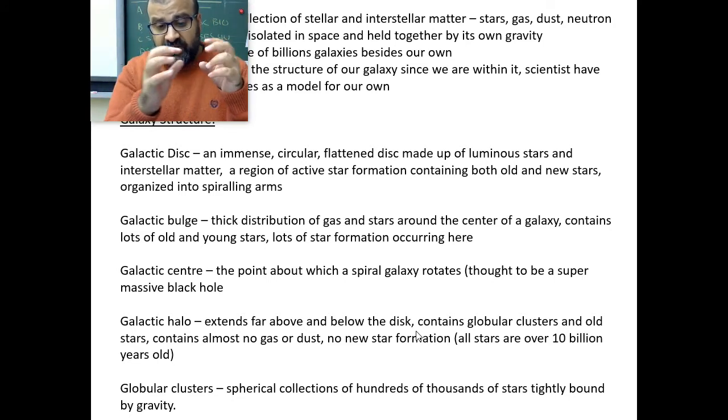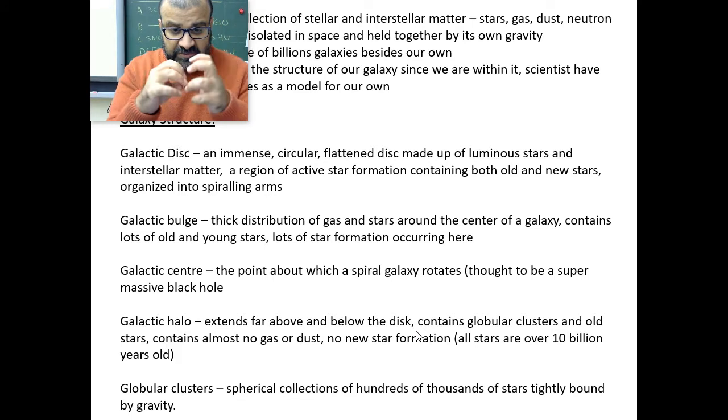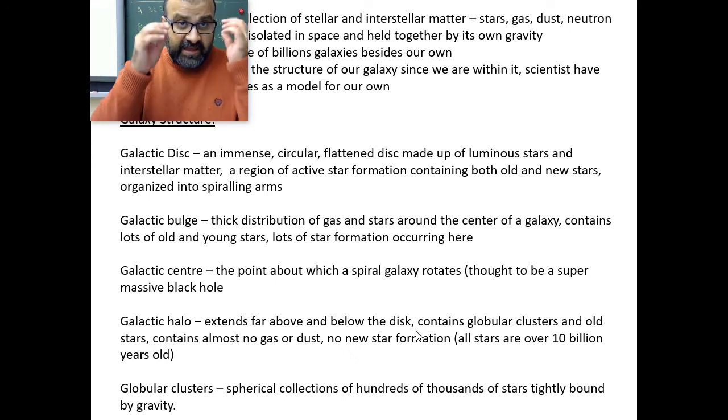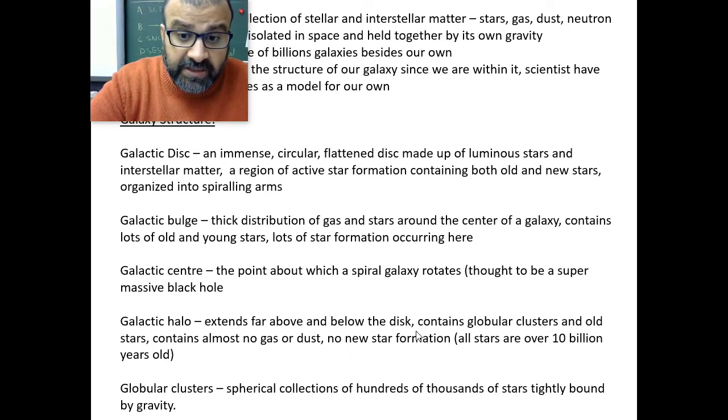And then, as they collapse, gravity squeezes the hydrogen together, and then you get nuclear fusion. The hydrogen fuses into helium, and that nuclear fusion releases tremendous amounts of radiation, heat, and light. In the galactic halo, there's very little gas. So in the galactic halo, you only have old stars.